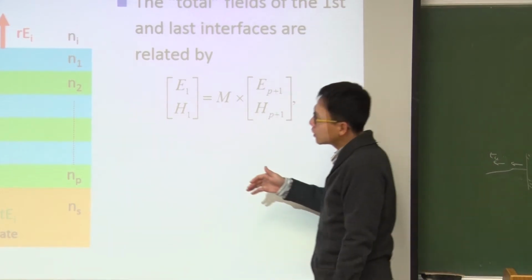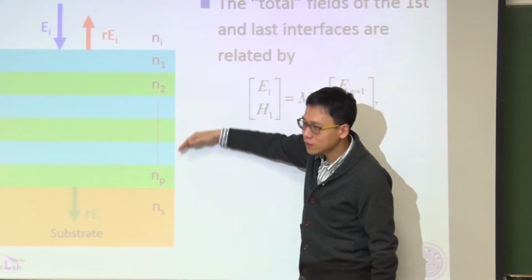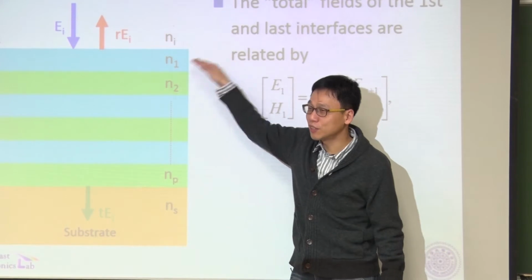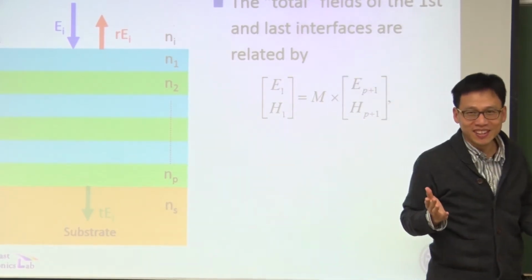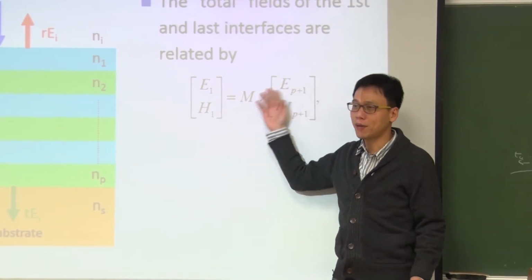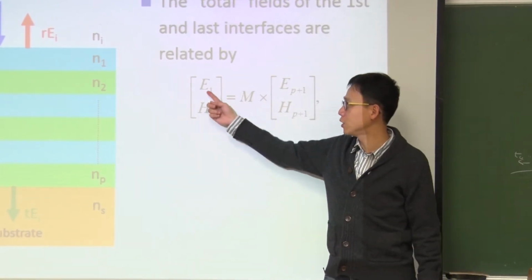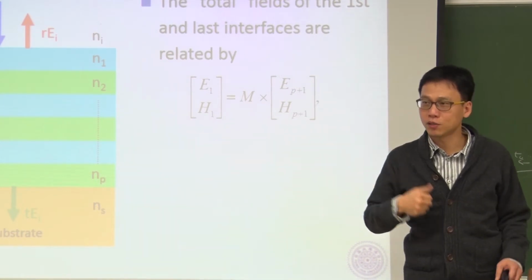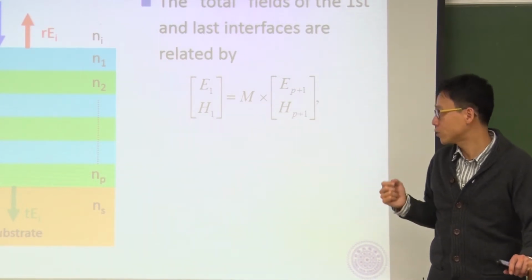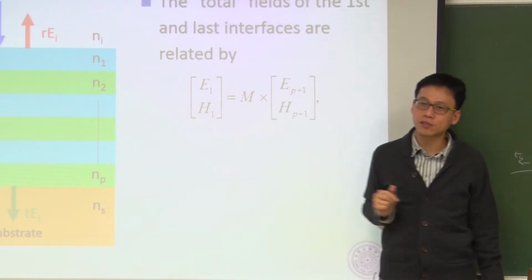And you can skip all the tedious mathematics happening in between. Just look at the initial and the final interface. You can have this matrix equation and the relation between E1, H1 and EP plus 1, HP plus 1. The question is, what is the matrix M?